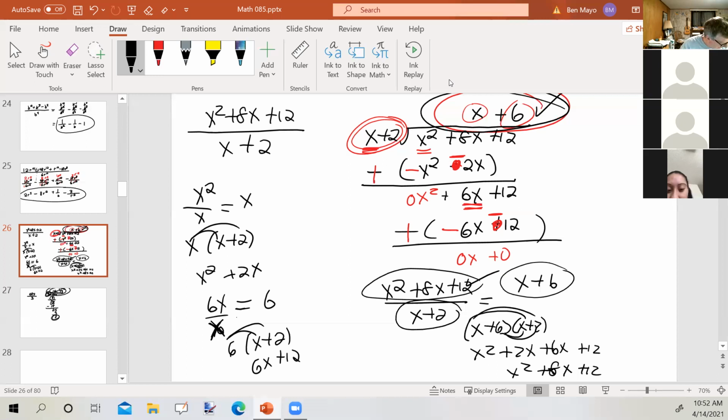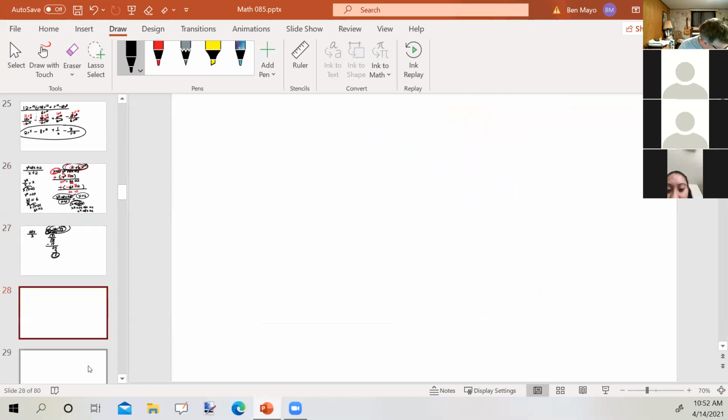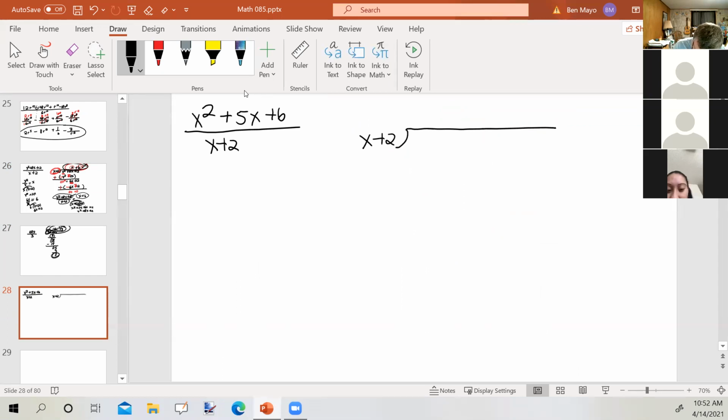All right, let's take a look at another one. This says divide x squared plus 5x plus 6 by x plus 2. So x plus 2 goes outside. x squared plus 5x plus 6 goes inside.